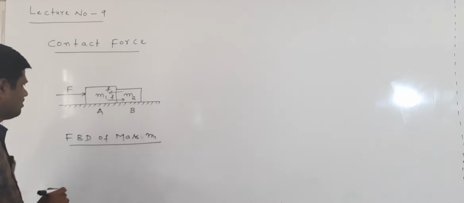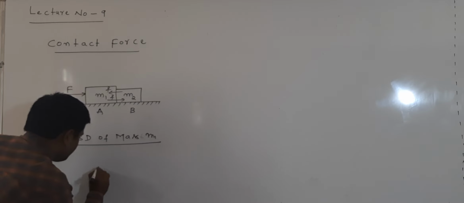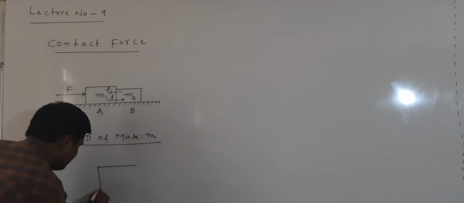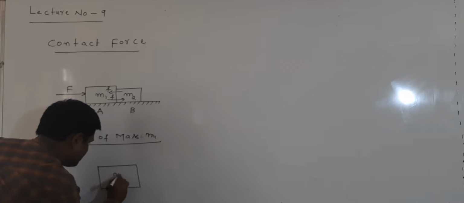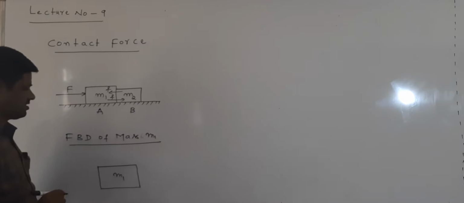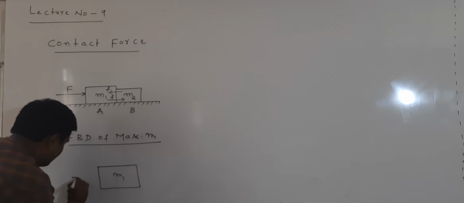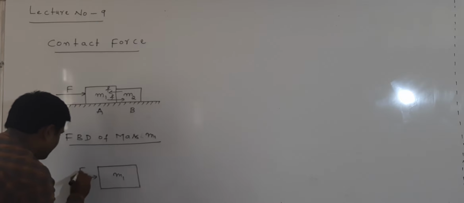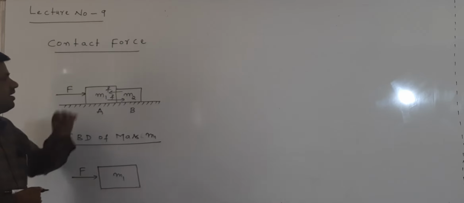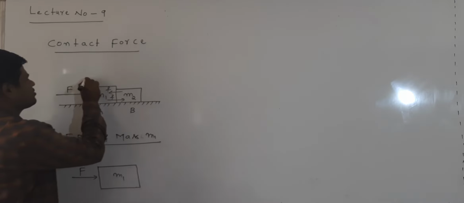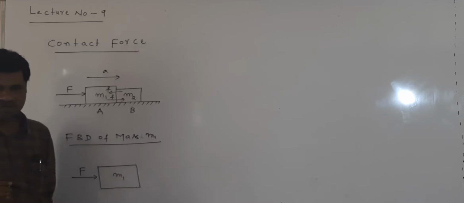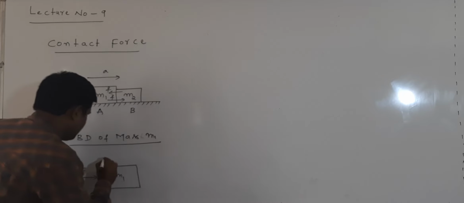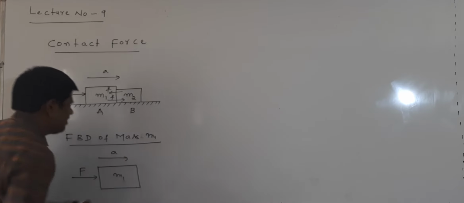Free body diagram of mass M1 means we take the M1 mass separately from the system. On this I am applying the force F in this direction. The force is applied in this direction, so the acceleration is also in the same direction.